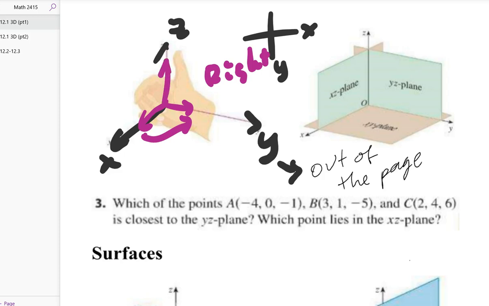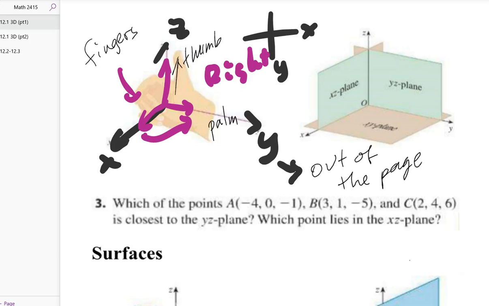So just try this. You're taking your fingers here, and then your palm here. You curl them toward your palm and your thumb should point up.